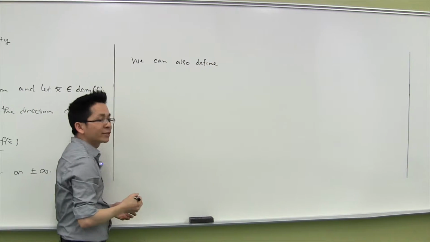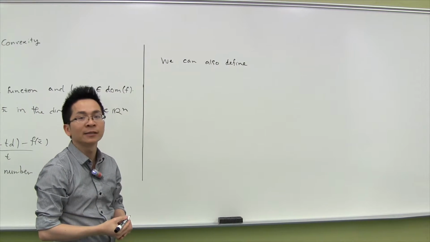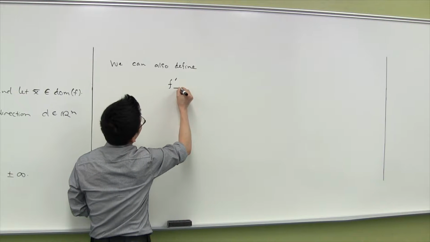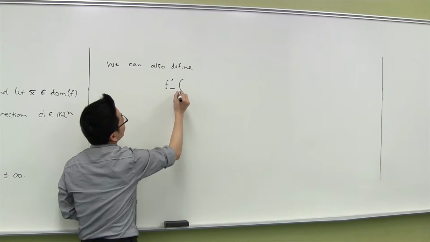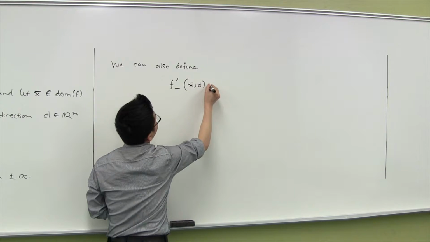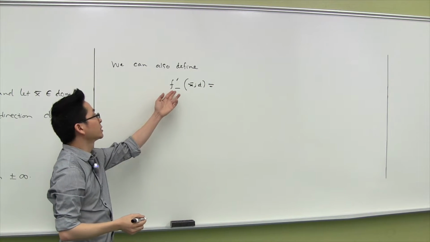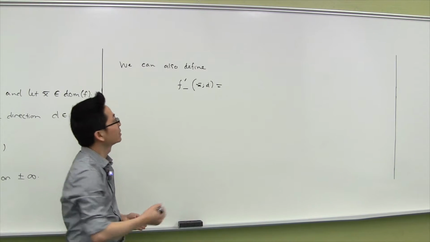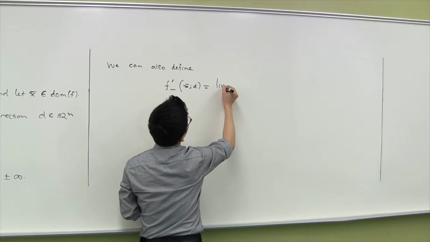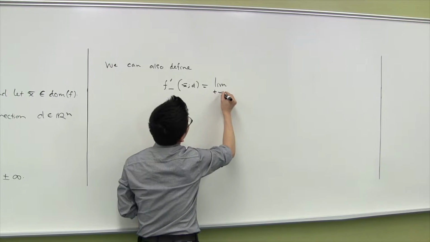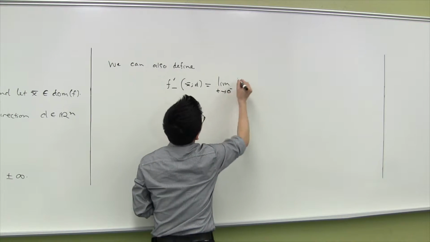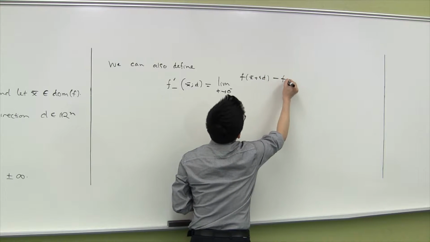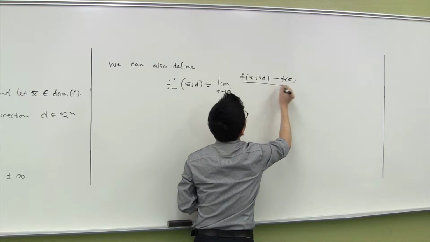Okay, and similarly we can also define the left directional derivative at x bar in the direction d by the following formula: f prime minus x bar d. Over here we put the minus sign to specify the left derivative, so it's the limit where t approaches 0 from the left of f of x bar plus td minus f of x bar over t.